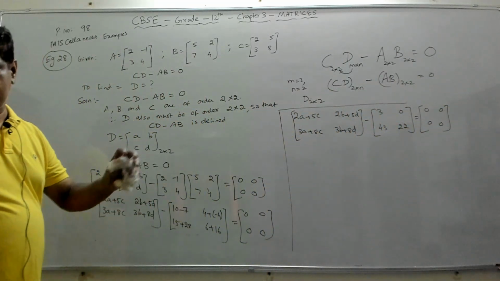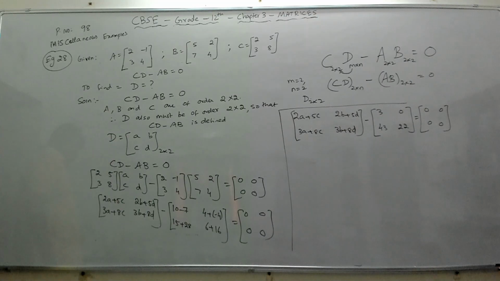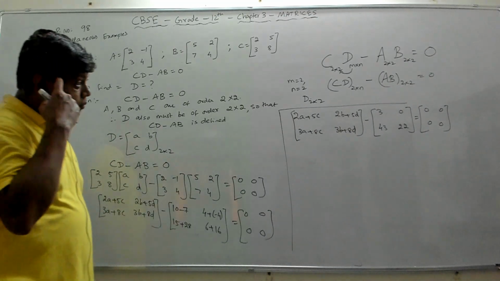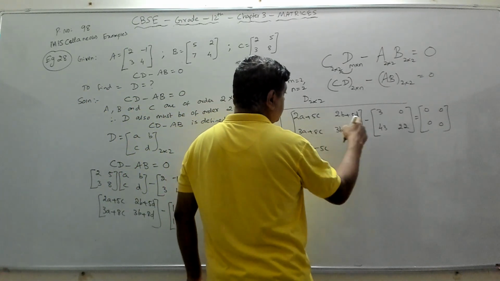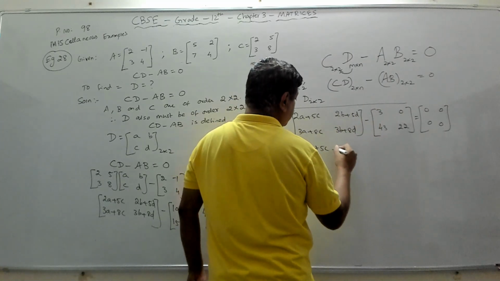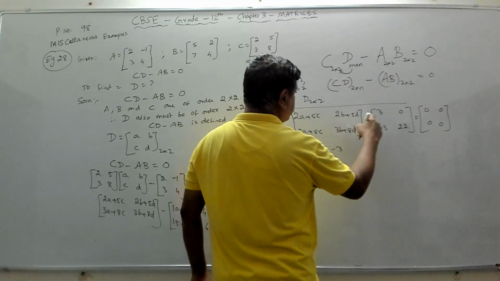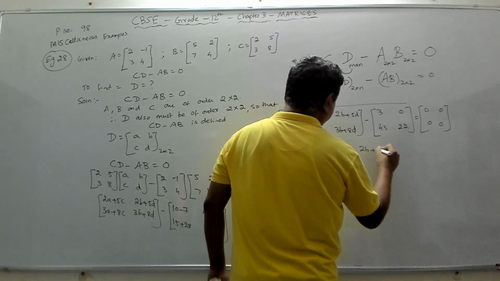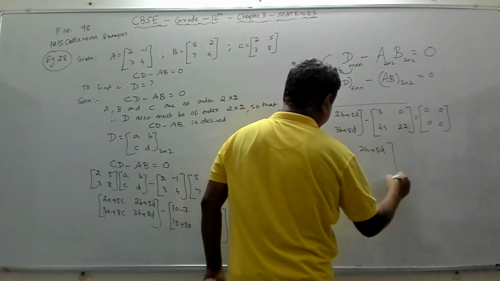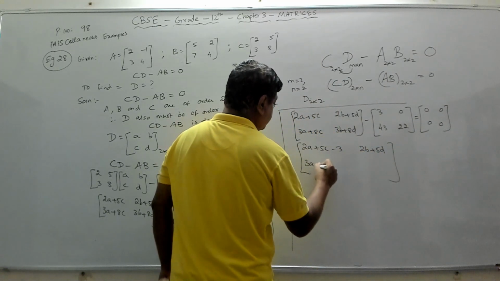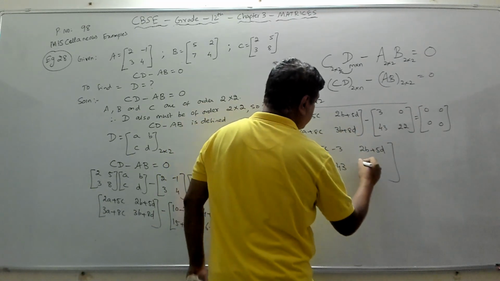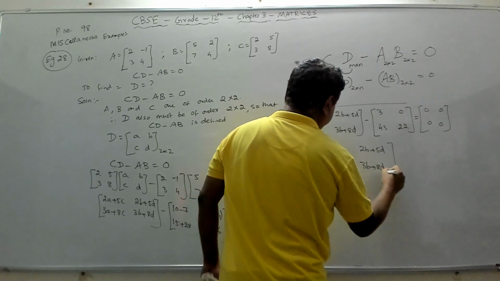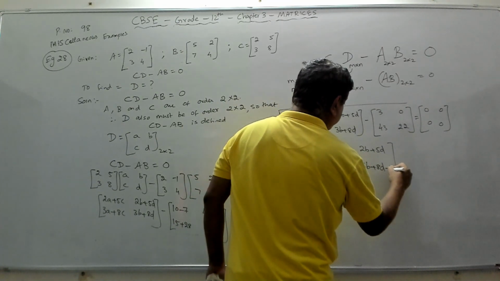Is that clear to everyone? Fine. Now we have to equate them. So if you subtract this minus this, it will give you 2a plus 5c minus 3, then 2b plus 5d, then 3a plus 8c minus 43, then 3b plus 8d minus 22.